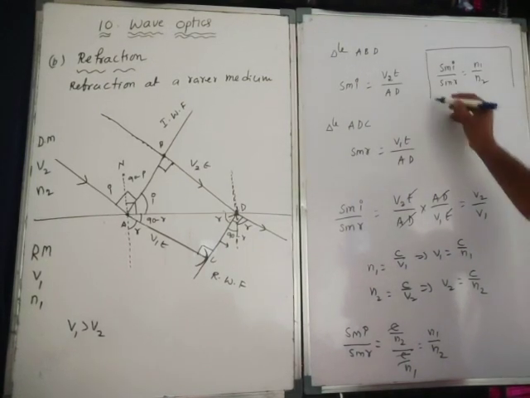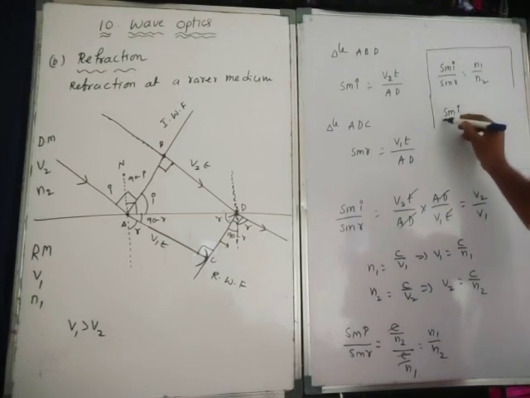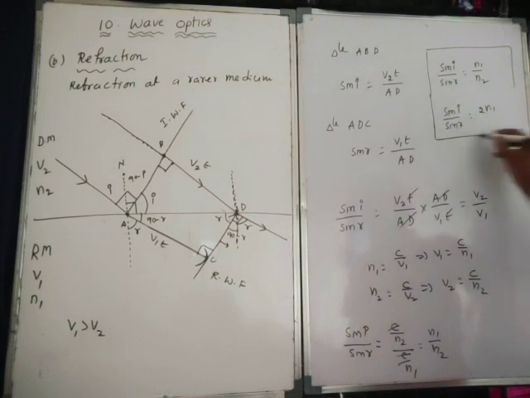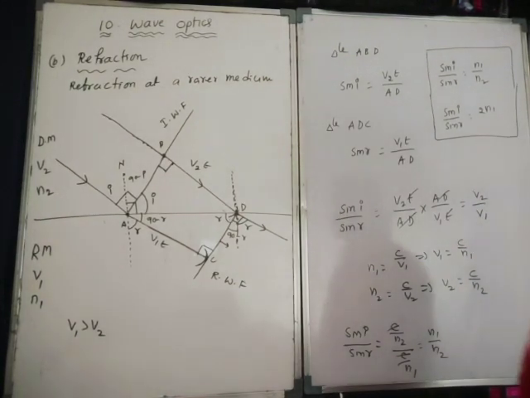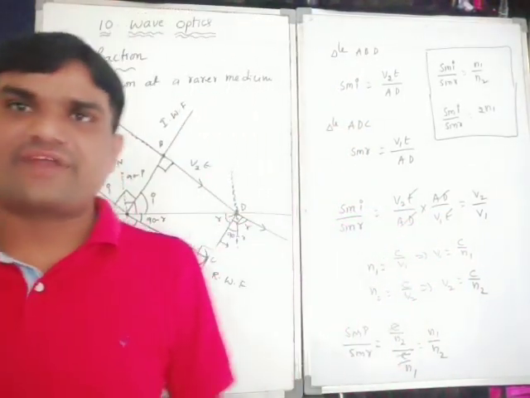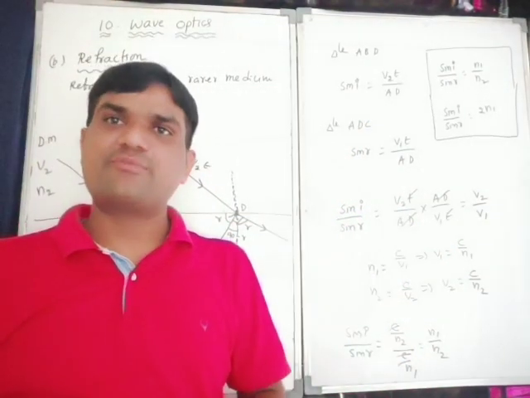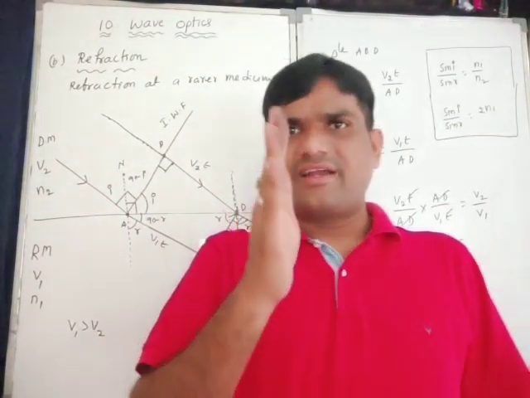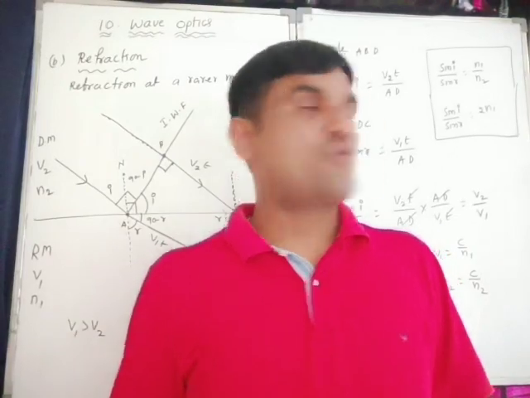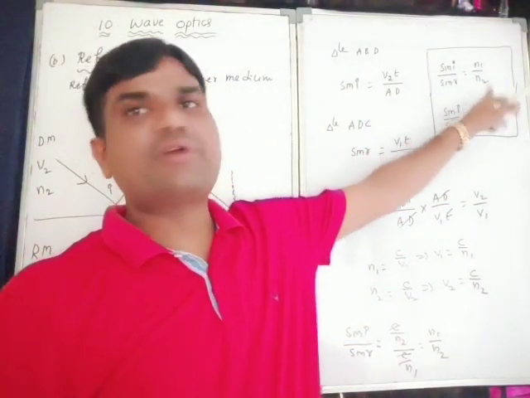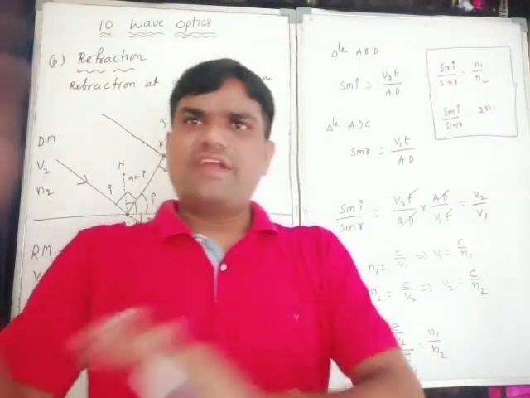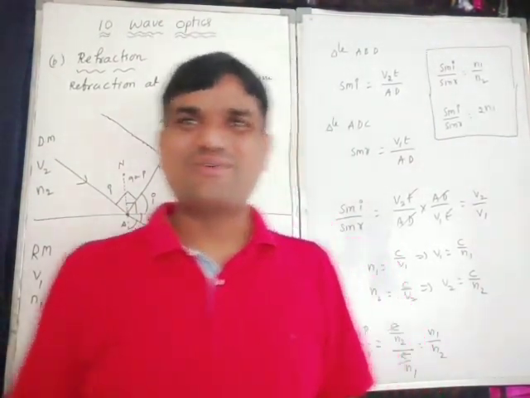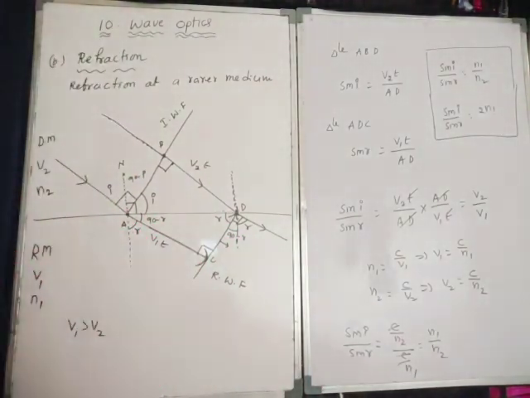So when the light ray travels from denser medium to rarer medium, refraction is happening in the rarer medium, and the formula is sin I by sin R equals N1 by N2. Rarer to denser, sin I by sin R is equal to N2 by N1. So this is about refraction, right?